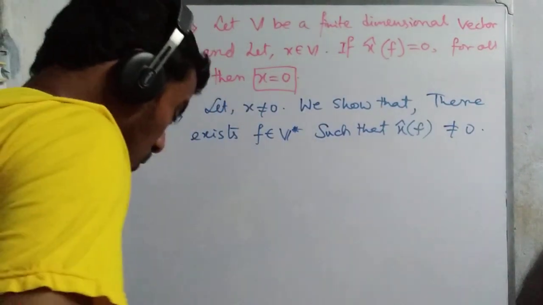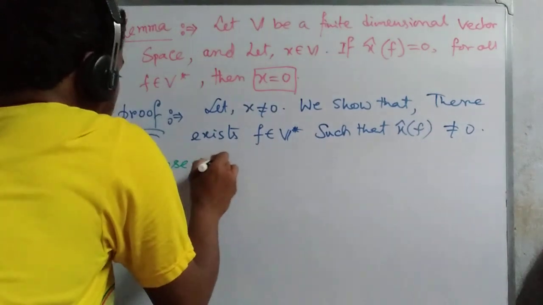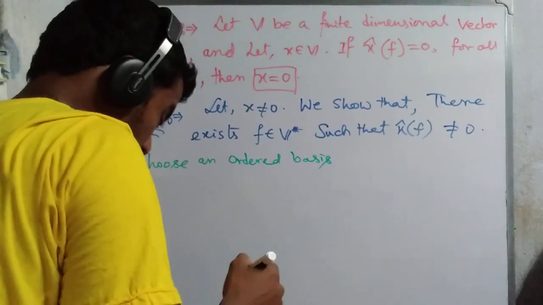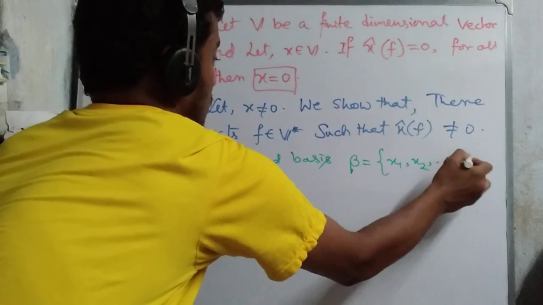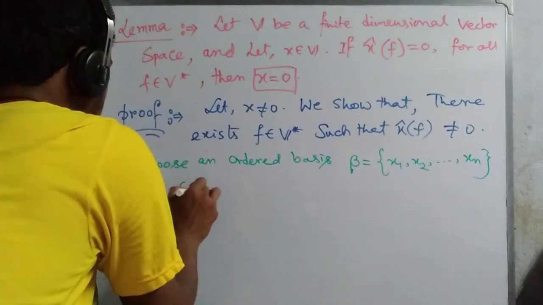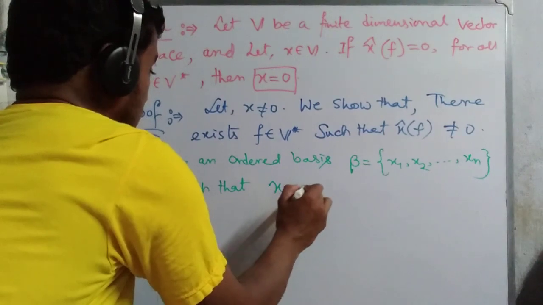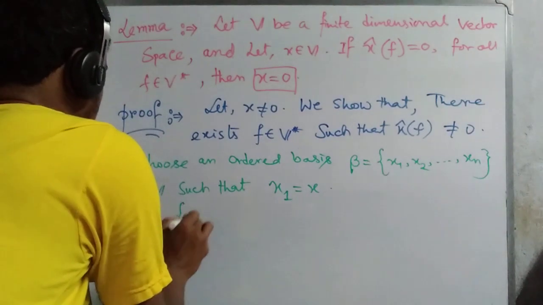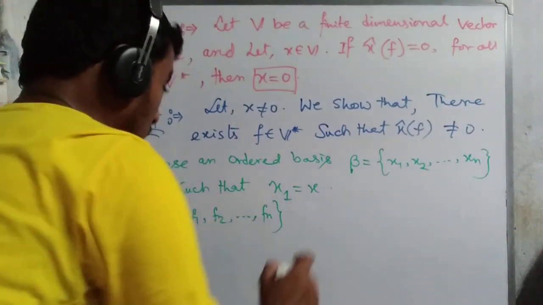So we choose an ordered basis beta equal to x1, x2, up to xn for V such that x1 equals x, and let f1, f2, up to fn be the dual basis of beta.